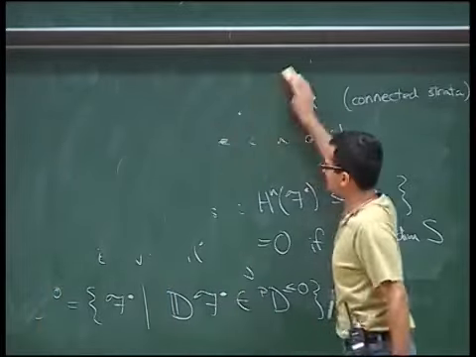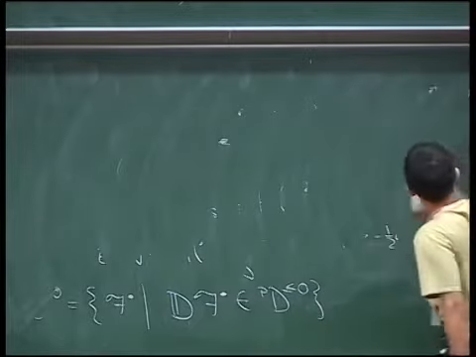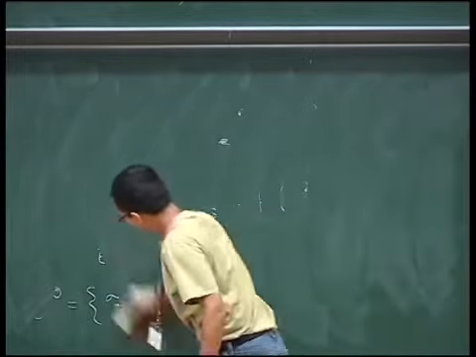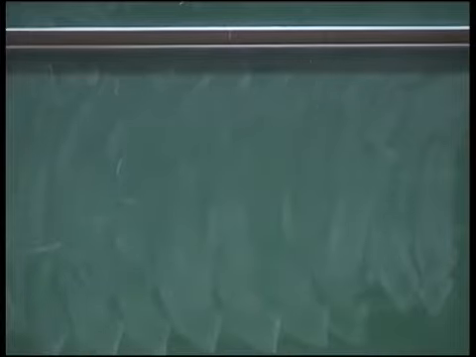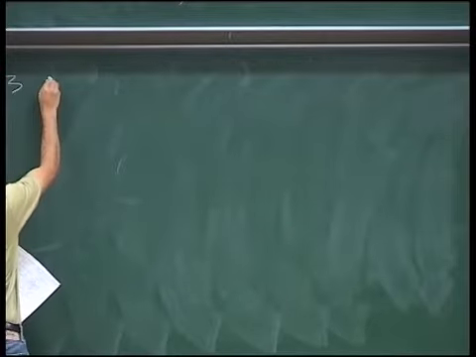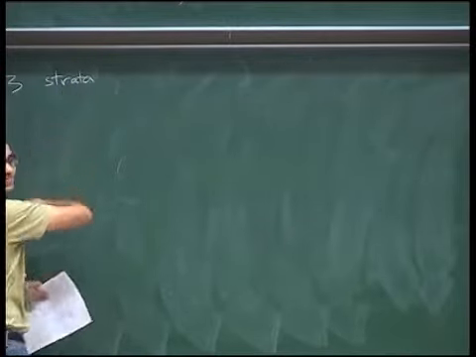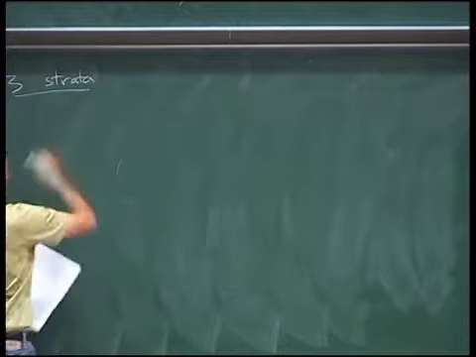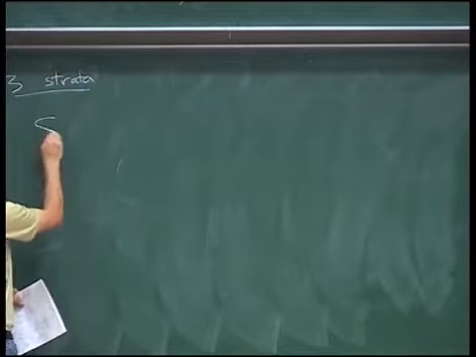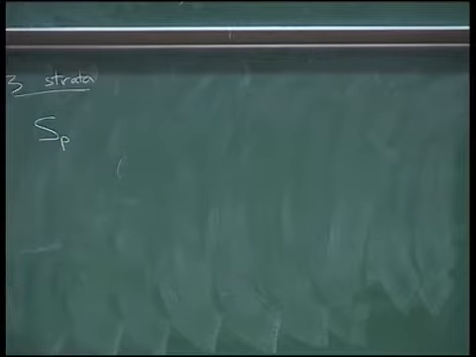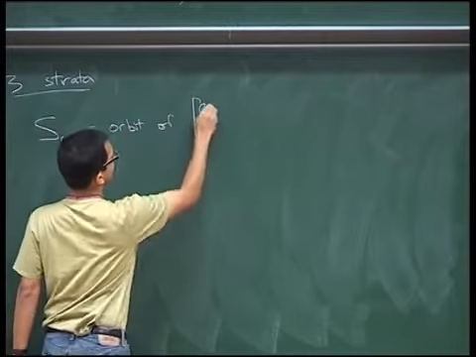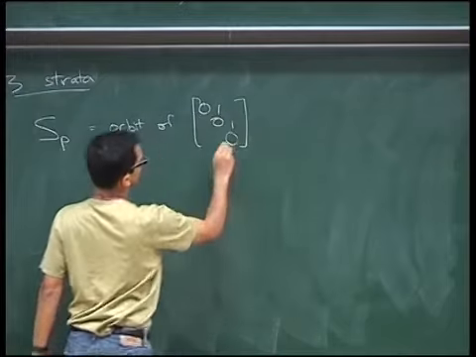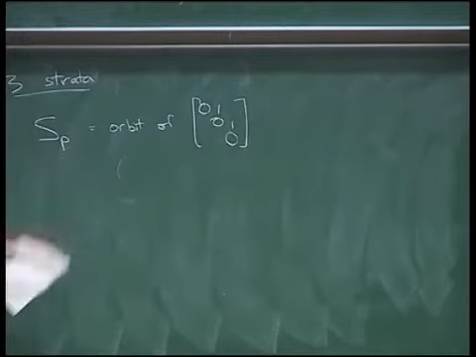So there are 3 strata here, which in principle every undergraduate linear algebra student should know. I'm going to label one of them with a P for the word principal. So this is the orbit of this matrix, and this orbit is dense in the whole thing.